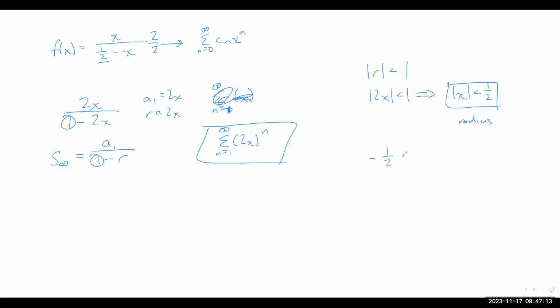If I tell you the radius of convergence of a series is 10, can you tell me any x value where it converges? You can't really tell me for sure because I told you how big the radius was, but I didn't tell you where it was. So the interval tells you where those values are. In this case, they're the x values between -1/2 and 1/2.